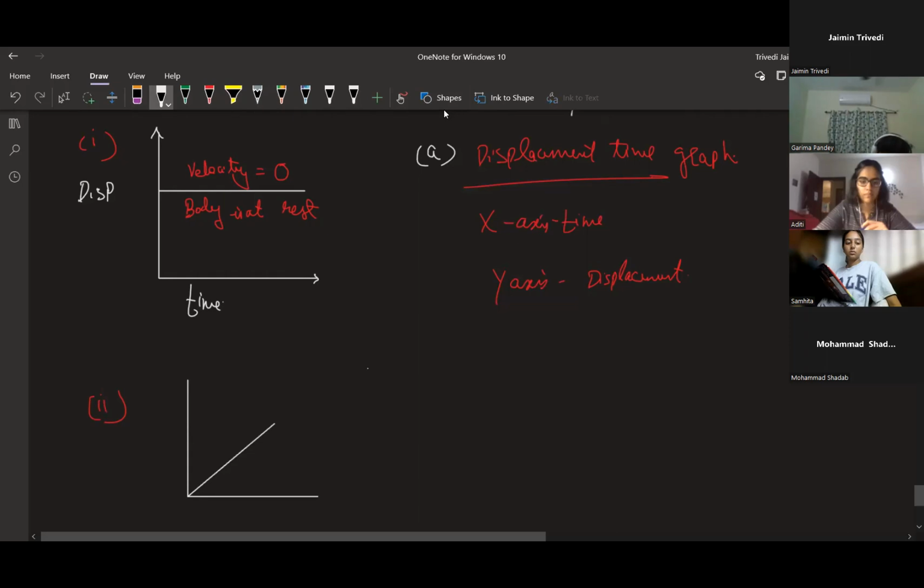Now what does this show? Uniform motion. It shows uniform motion. That means what about the velocity here? It is constant. So it is at angle theta. So velocity is constant.